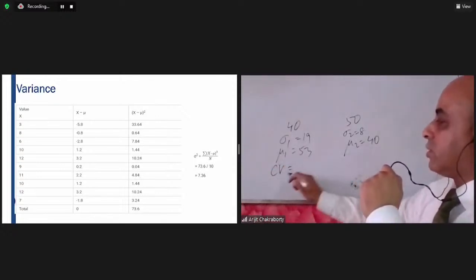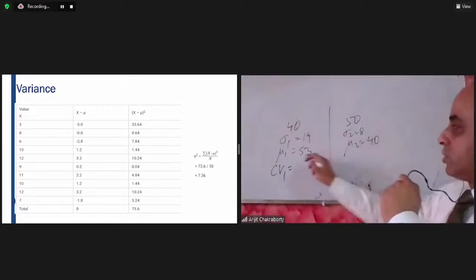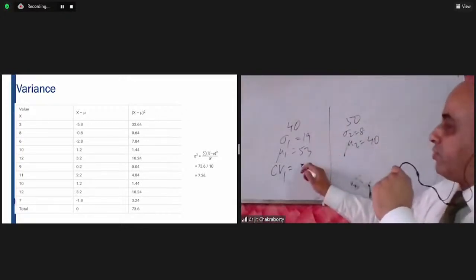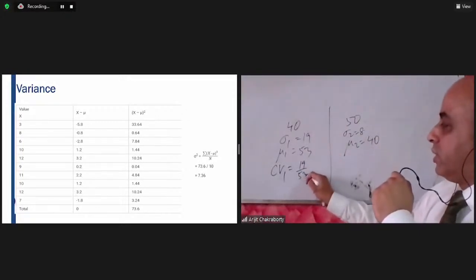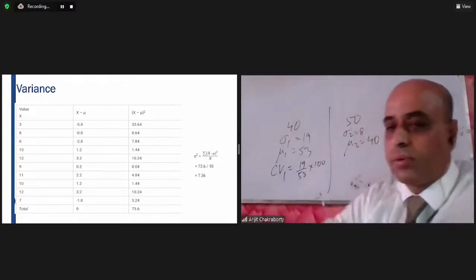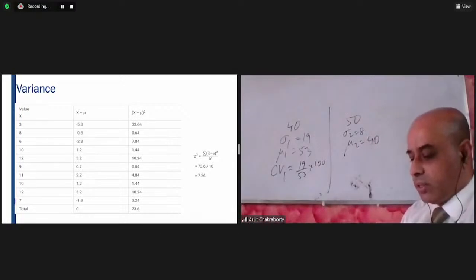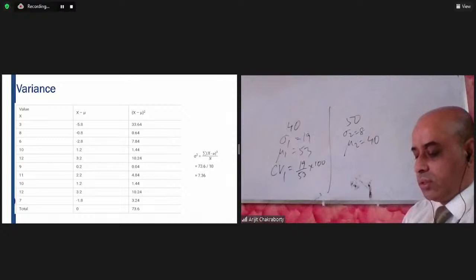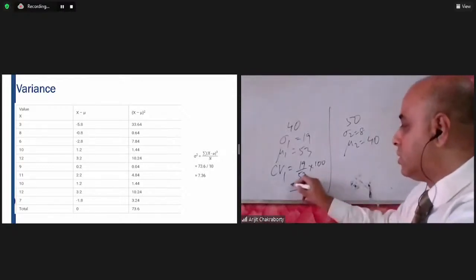Coefficient of variation, that is CV1 for the first group, is 19 by 53 into 100. Let's work it out and see how much we are getting. 19 divided by 53 into 100 is around 36%.